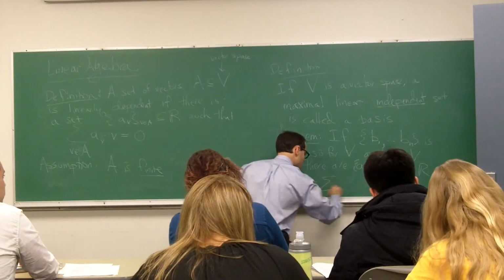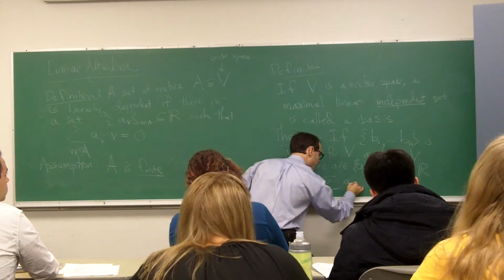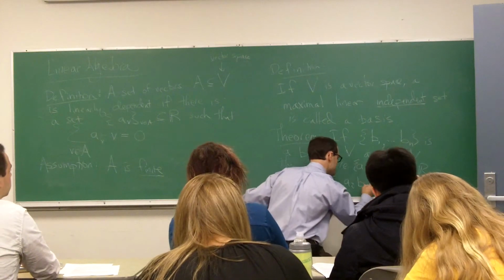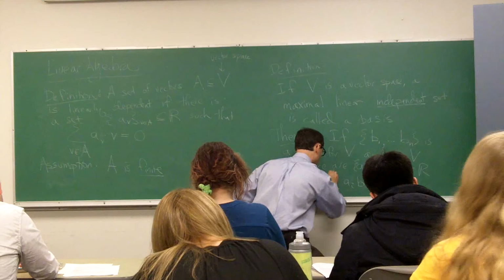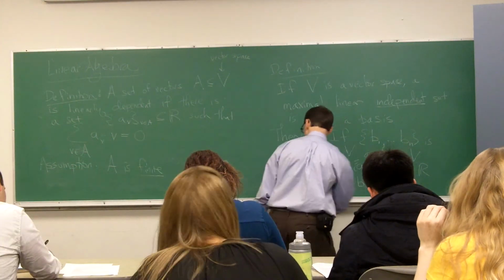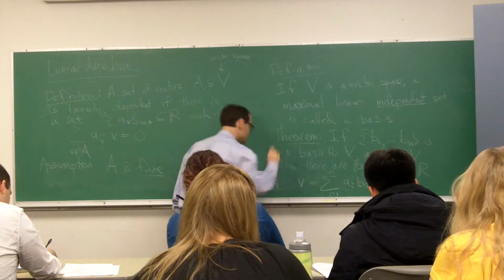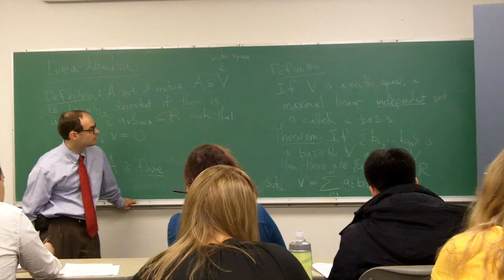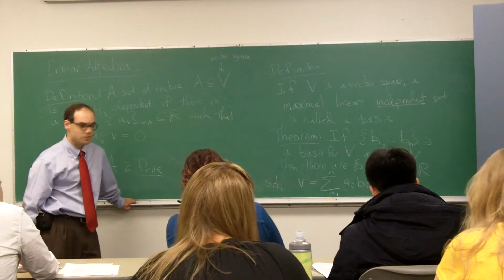So there's this reconstruction theorem. I multiply the elements of my basis by the coefficients and sum. I forgot to say "such that" this occurs. So I can reconstruct any vector in my vector space using this basis.